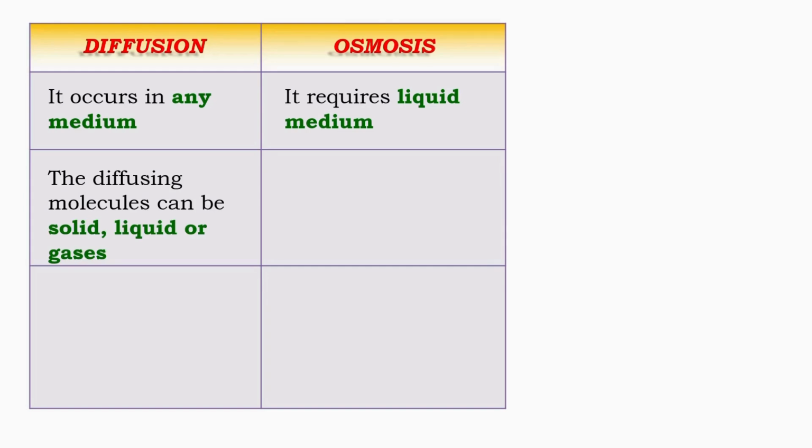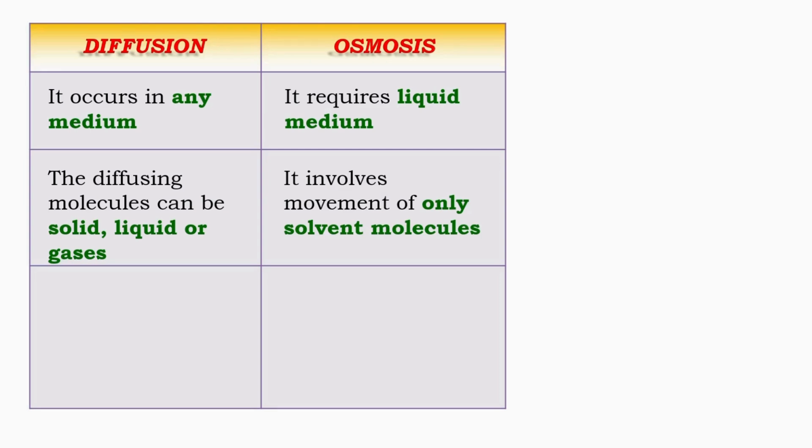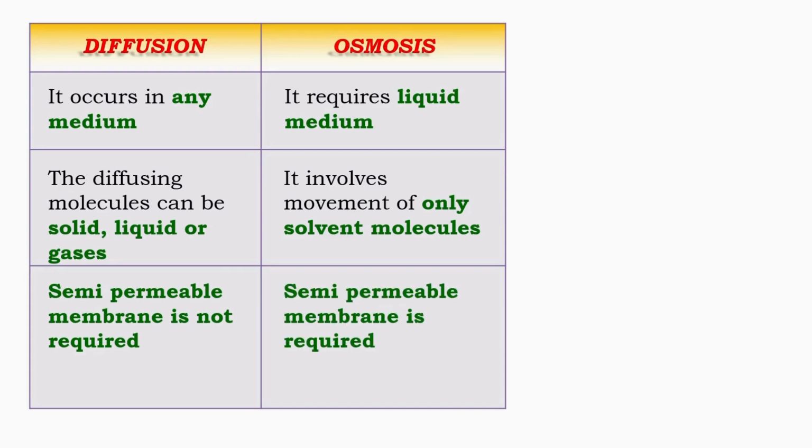In diffusion, the diffusing molecules can be solid, liquid, or gases. Osmosis involves movement of only solvent molecules. In diffusion, a semi-permeable membrane is not required. In osmosis, a semi-permeable membrane is required.